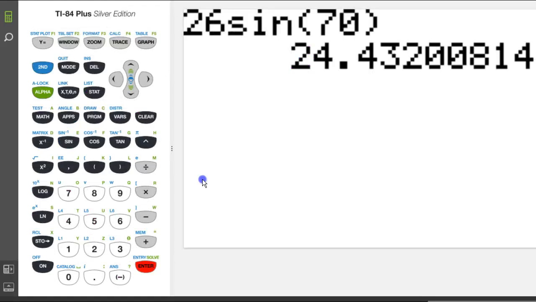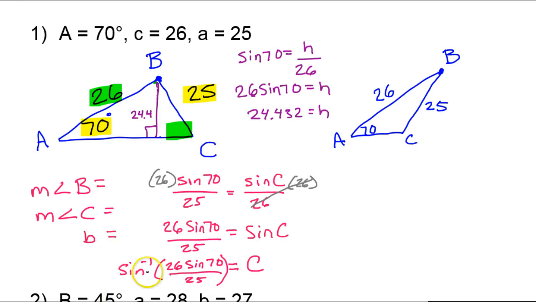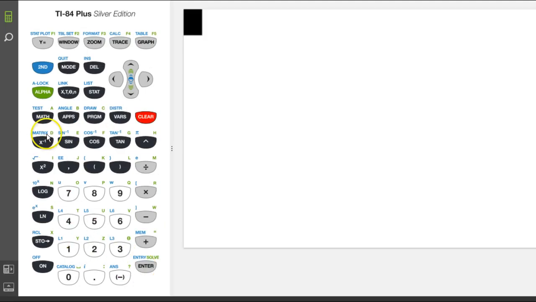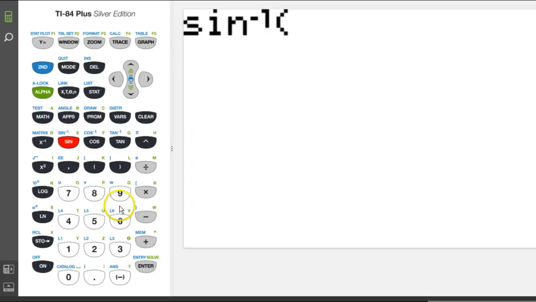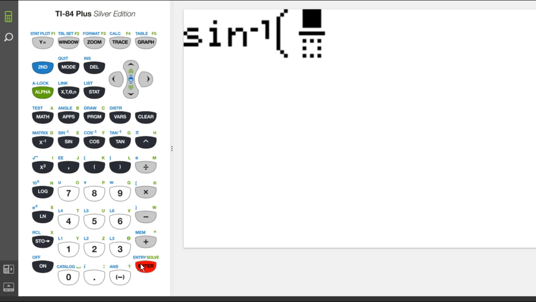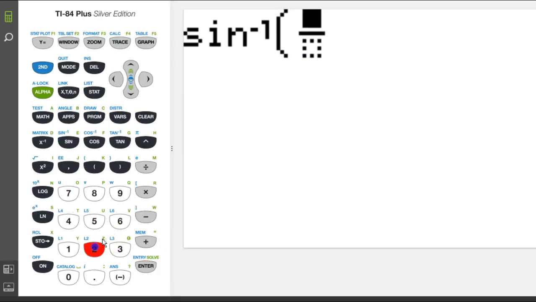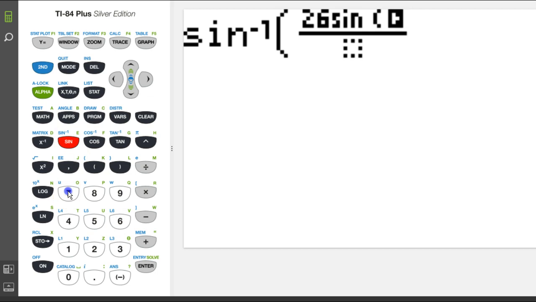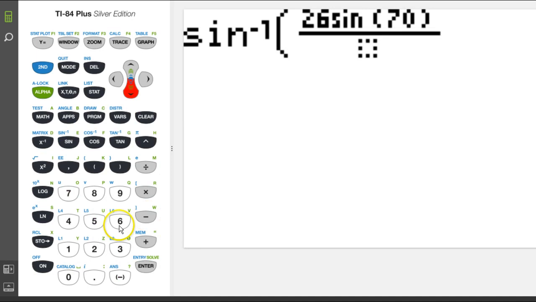So I'm just going to put that in my calculator. Alright, so I need inverse sine, so I'm going to hit second sine. And then I need a fraction in here, so I'm going to go ahead and hit alpha y equals. And now I need 26 sine 70 over 25.